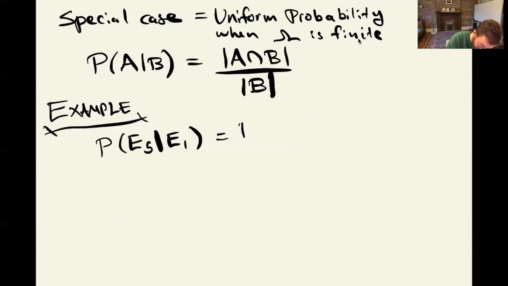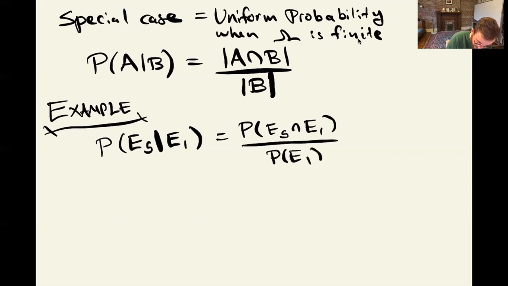But let's go ahead and just write out the definition again of conditional probability. It's the probability of both of these events occurring divided by the probability of that given event occurring. So let's do this the long formal way.